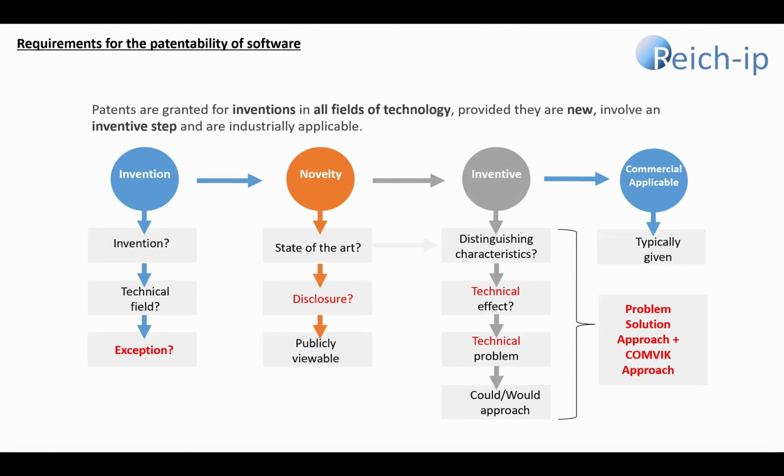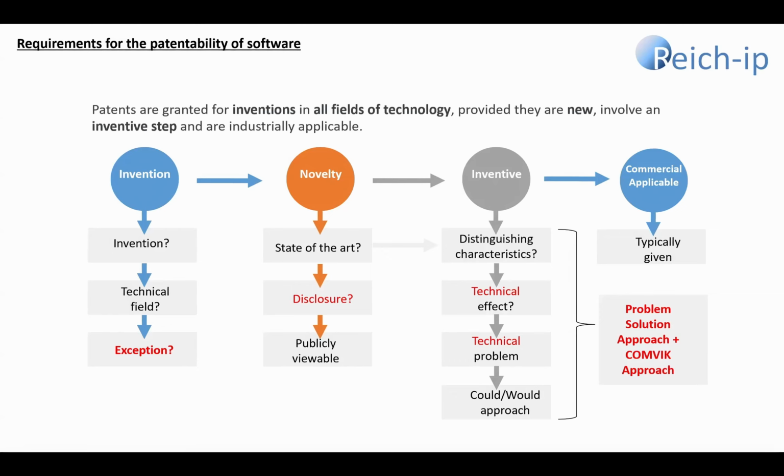So what is the problem here when it comes to inventiveness? The technical effect of the software is discussed. And as you will see on the following slides, the major issue of receiving a grant is regarding the inventiveness of the underlying invention.